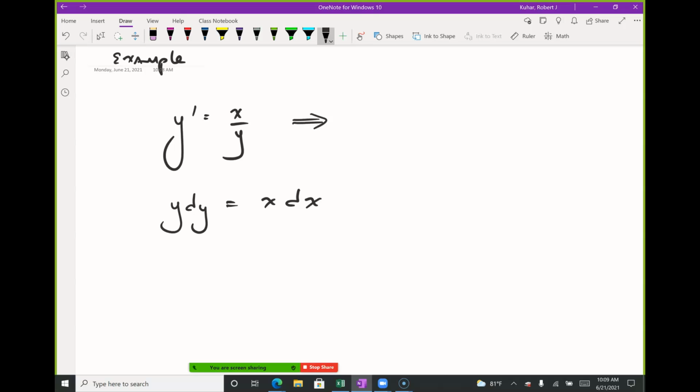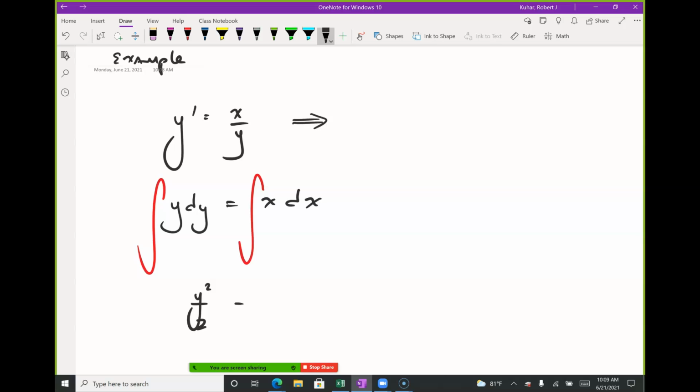And I integrate. Make sure I'm not going too fast here. Everybody with me? Anybody need a moment? So on the left-hand side, I get y squared over 2.